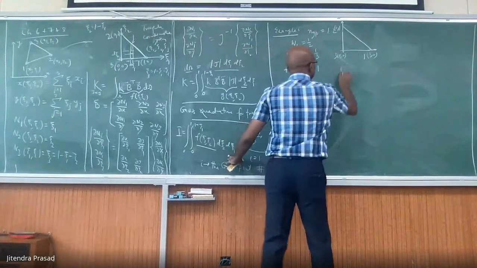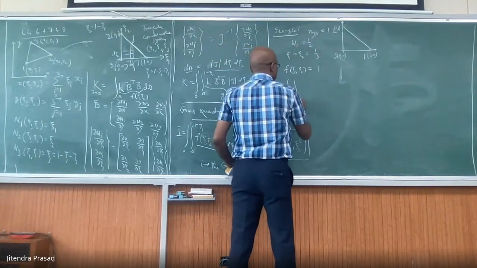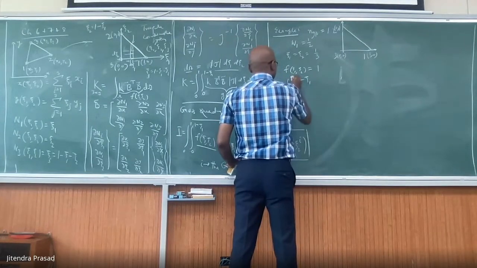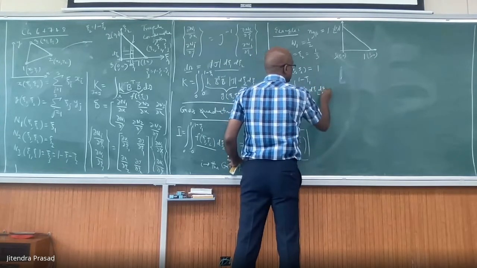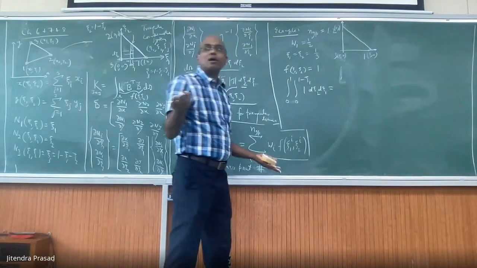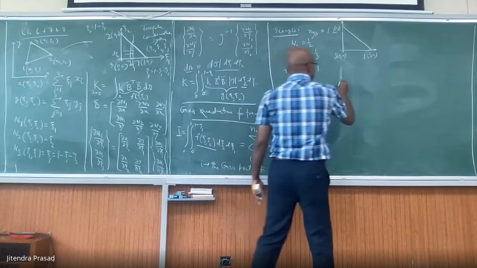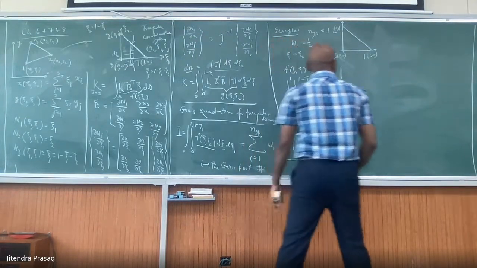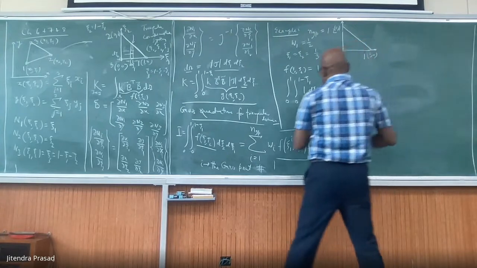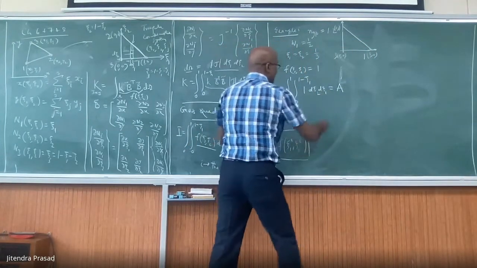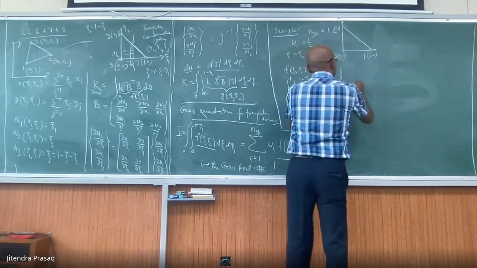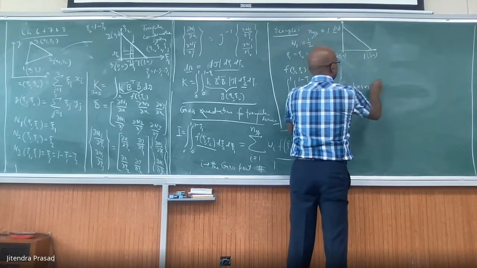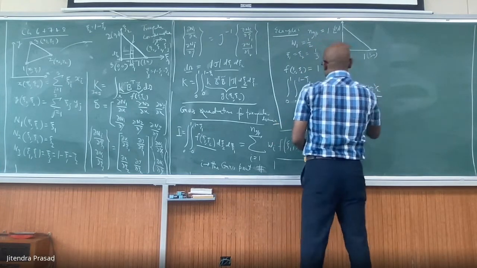If you have double integral 0 to 1 minus xi1, 0 to 1, and then you have 1 here, and then you have d xi2, d xi1, is it equal to what? Area of the triangle, right? So you should get the area of the triangle. Yeah? You should get that, right? And let's see, what is the area in this case? Half times 1 times 1. Right? So yeah, as expected.